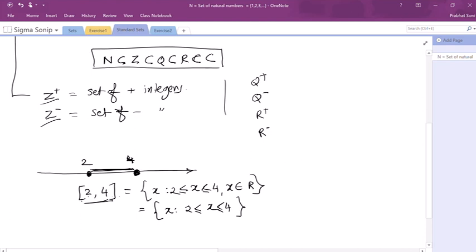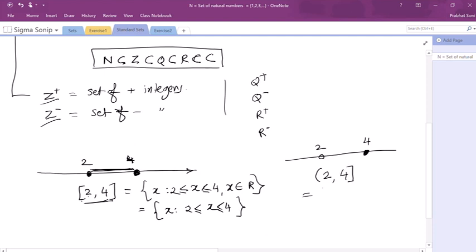If you don't want to include the end value, look at this real number line. I'll show it here: this is a solid dot here, and that dot is a circle. So again 2, 4. When the dot is solid, it is included in the set. If it is hollow, like a circle, then it is not. So for this interval you normally use the small bracket. This interval is 2, 4, but you want to include the 4, so you use the square bracket.